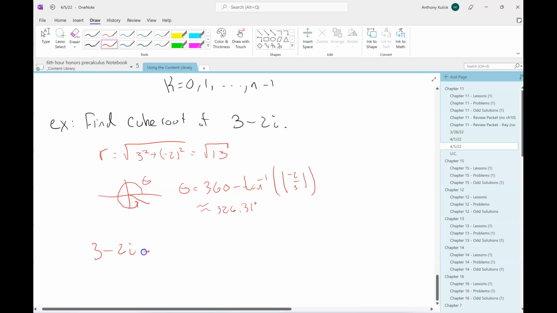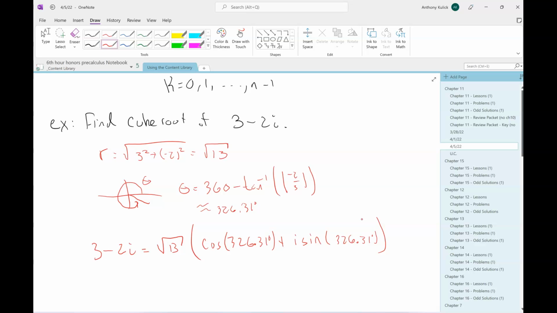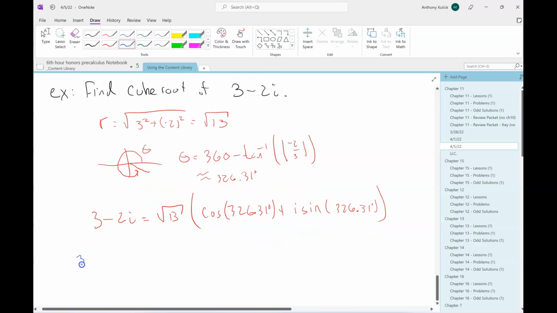So 3 minus 2i is the same thing as the square root of 13 times cosine 326.31 plus i sine 326.31. So far, so good? Okay, so that was step 1.